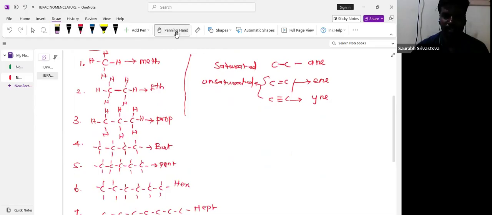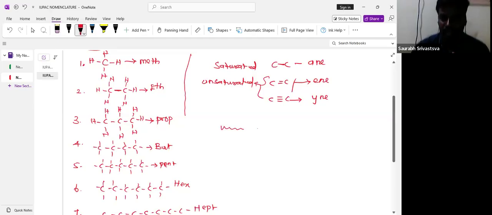The first one is alcohol. If it is an alcohol, the carbon chain is continuously connected with one another, and finally an OH group will be there. If an OH group is present along with the carbon, then we say it is an alcohol.